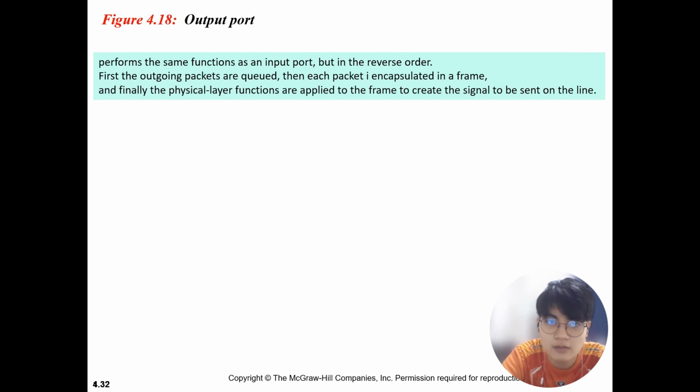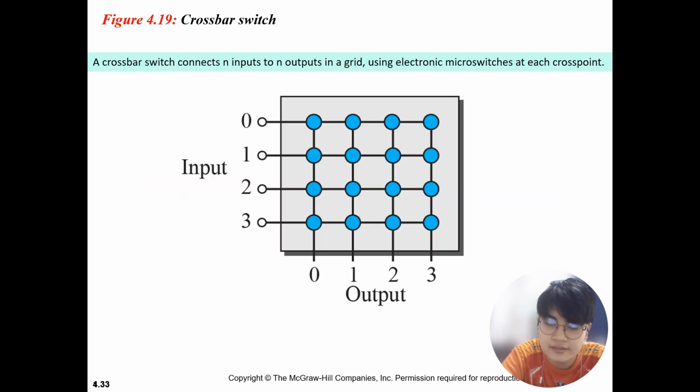Output port. The output port performs the same functions as an input port, but in the reverse order. First, the outgoing packets are queued, then each packet is encapsulated in a frame, and finally, the physical layer functions are applied to the frame to create a signal to be sent on the line.